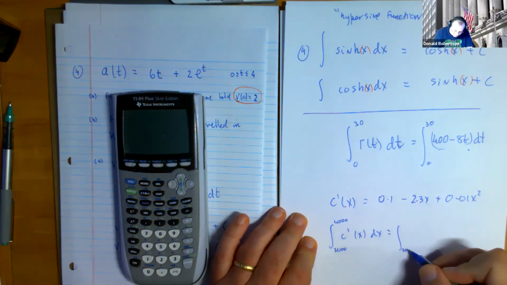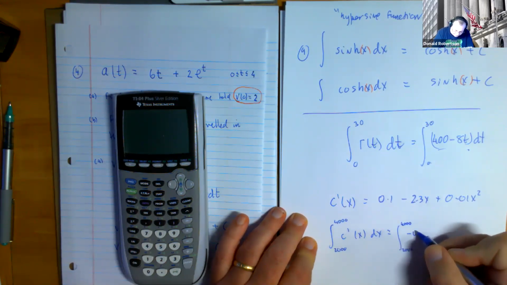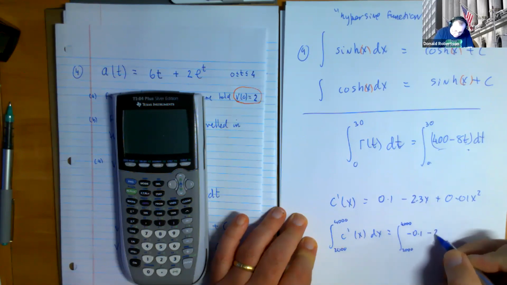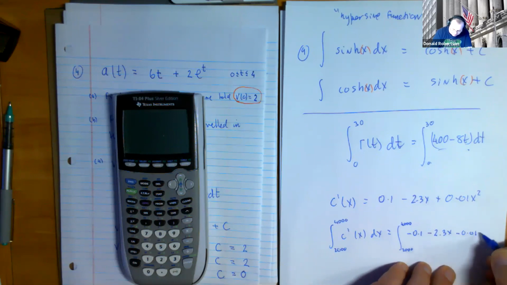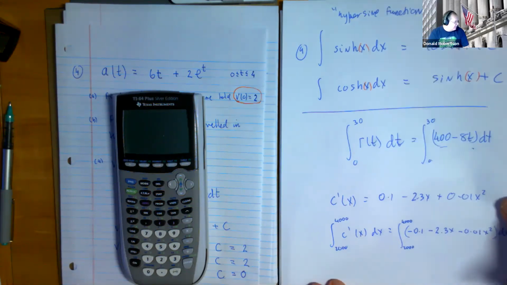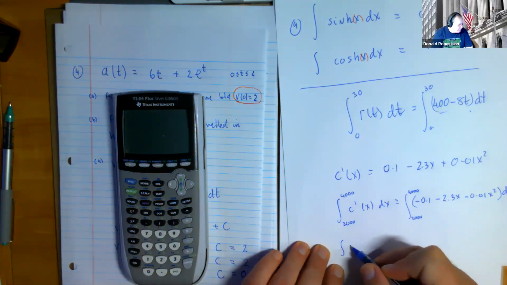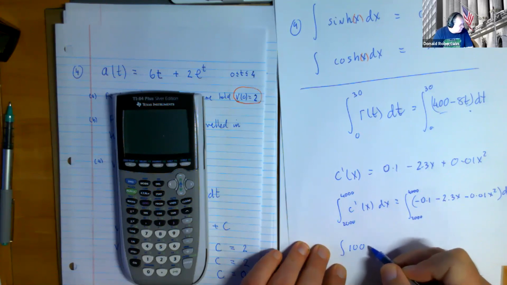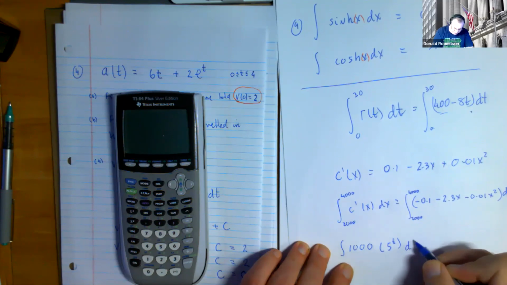So you're going to take the integral from 2000 to 4000 of a really ugly quadratic, right? Now you know how to do that. Isn't that just power rule with ugly numbers? That's all it is. And the last one, you're going to be finding the integral of 1000, 5 to the power of t, dt.